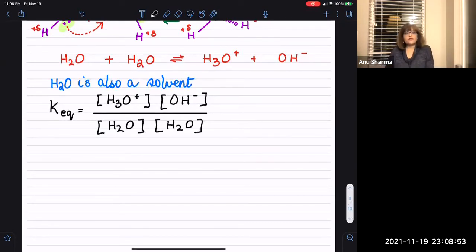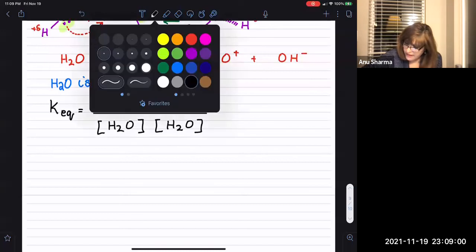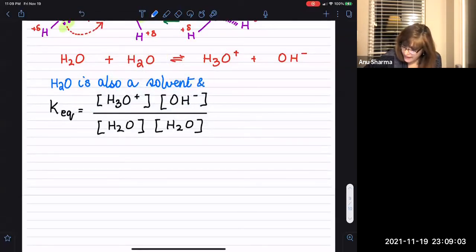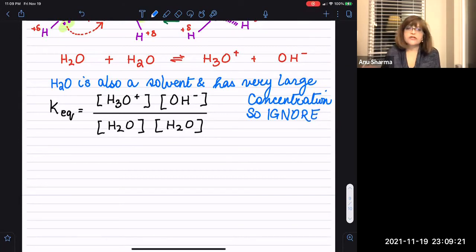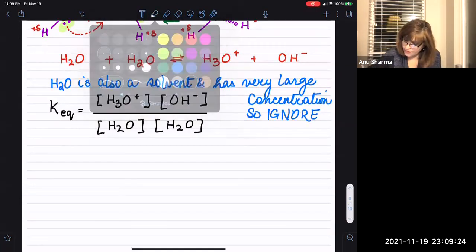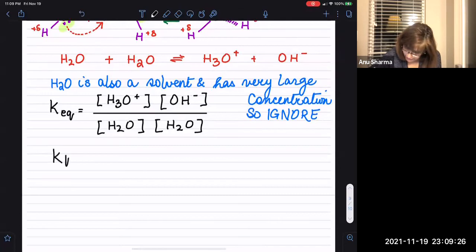So this is the equilibrium expression. Because water is also a solvent and has very large concentration, we ignore it. But we can't just ignore things like that. Now we have Kw.